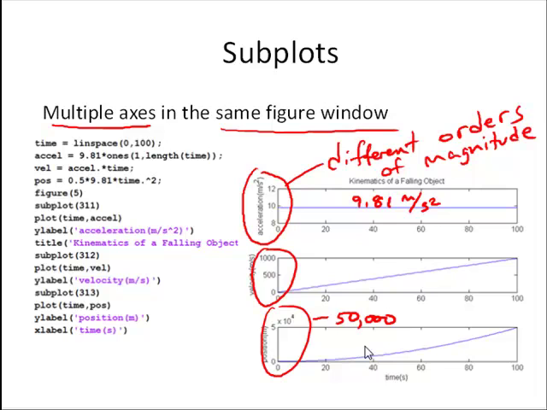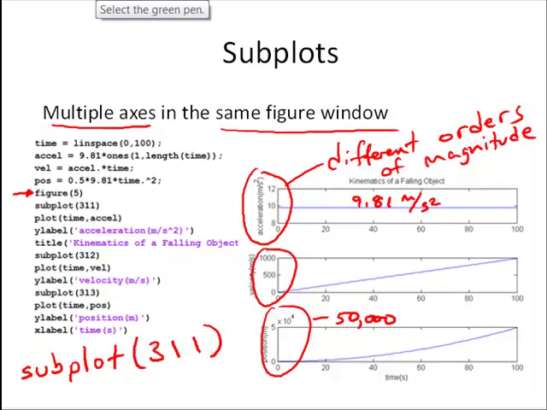To the left it shows the commands I use to generate these plots. The one new command here, again we see the figure command, the one new command is the subplot command. And the way the subplot command works, let's rewrite it here. The subplot command is saying we want to generate a subplot with 3 rows of axes and 1 column.